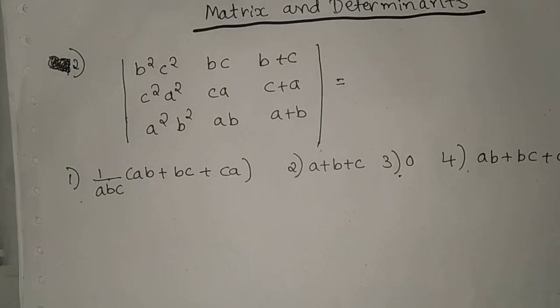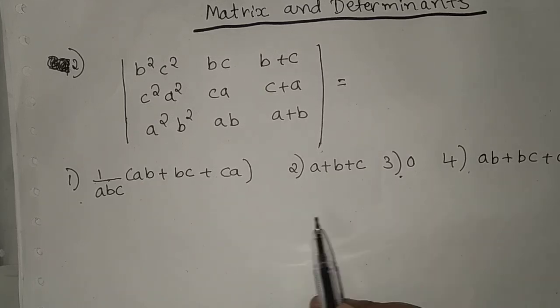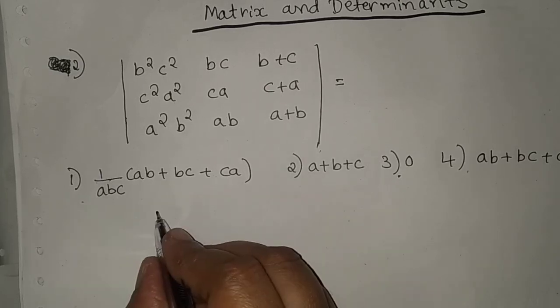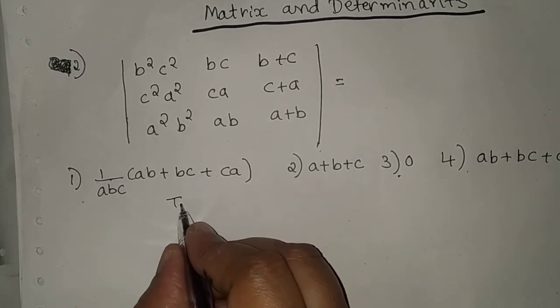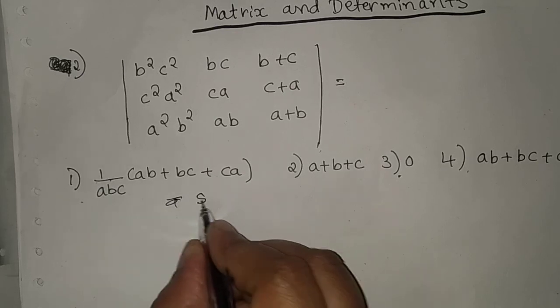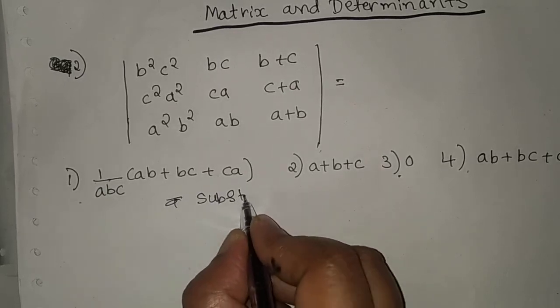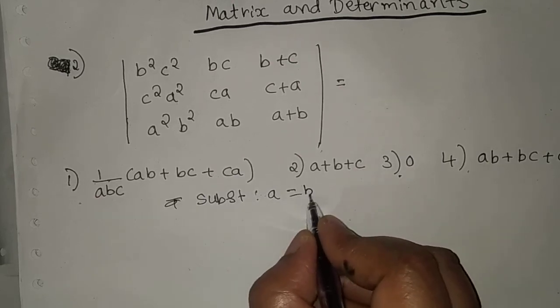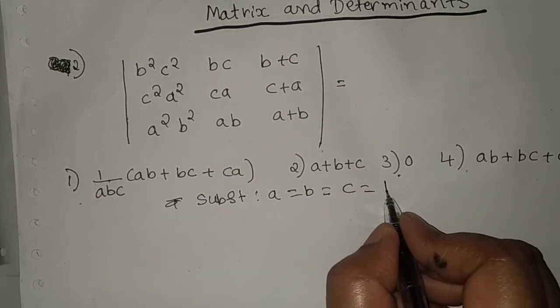That is, a determinant is given here. So we have to find out which is the correct answer here. So now take or substitute anything, we can write, substitute or put, you can write A is equal to B is equal to C is equal to 1 here.